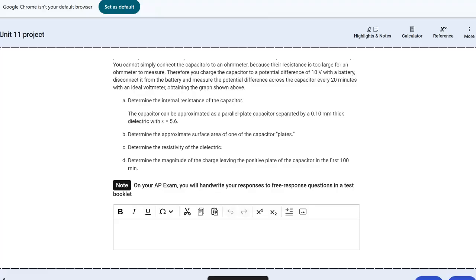So, determine internal resistance. Our initial voltage V is 10 volts. We have our dielectric.